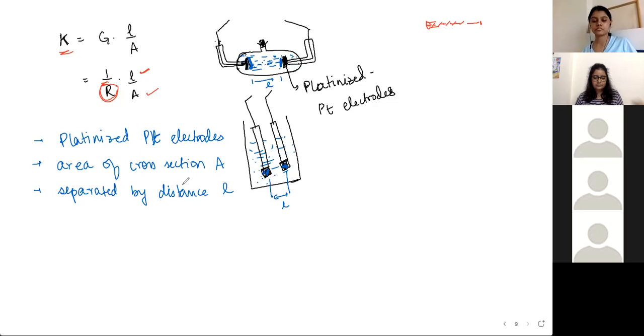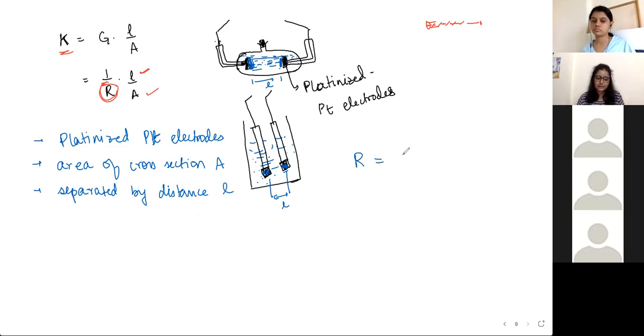So the solution is confined between the electrodes in a column of length L, and the area of cross section is the area of the electrode. So you have your A and L, then put it in the formula. If you are using the Wheatstone bridge setup, you will be measuring the resistance.